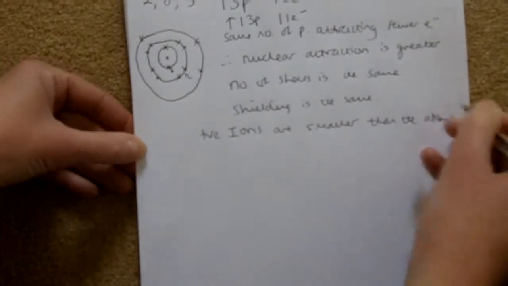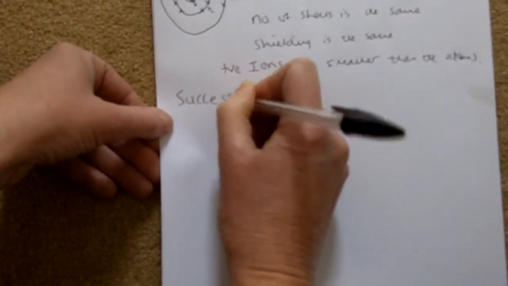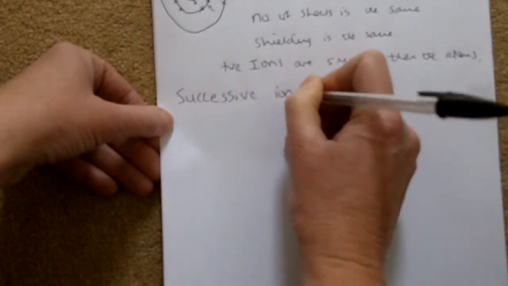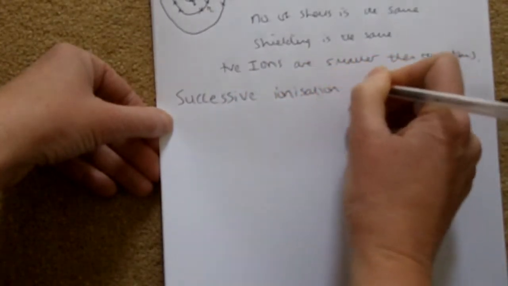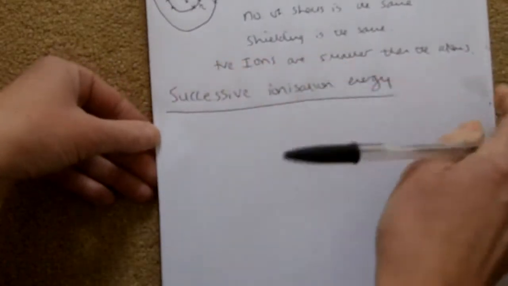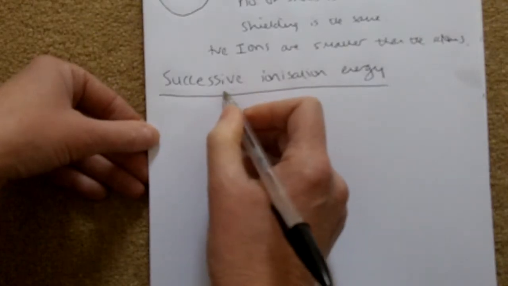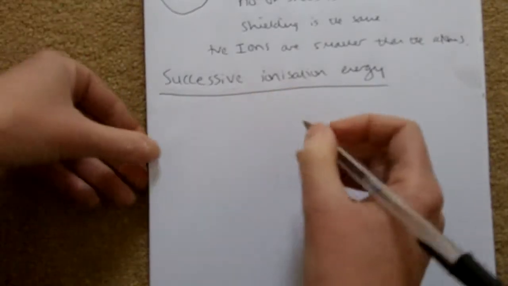Okay, there's something called successive ionization energy. And this is where you have to be able to sketch a graph showing what is happening when one electron is removed after another after another.